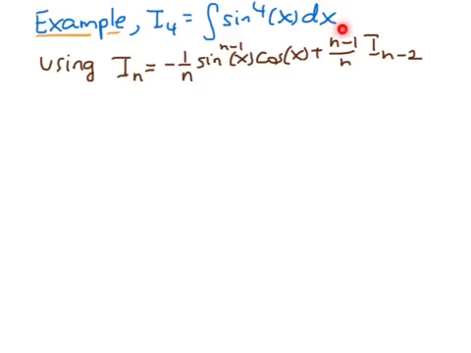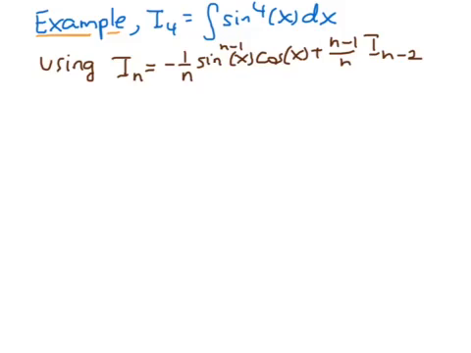So this is the example that I want to first calculate, the integral of sine to the power of 4 of x with respect to x, and we want to use this reduction formula here. Before we jump into things, let's look carefully at our formula. What it does is it reduces I_n to something plus some numbers times I_{n-2}. So in this case we're going to go from I4 down first of all to I2.